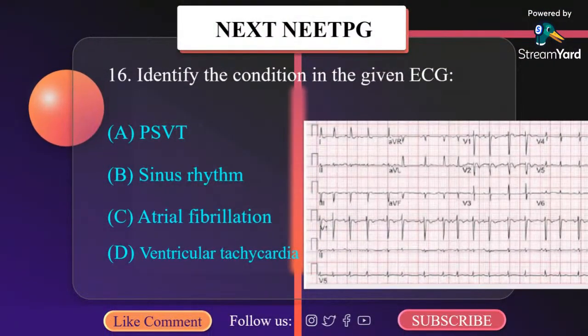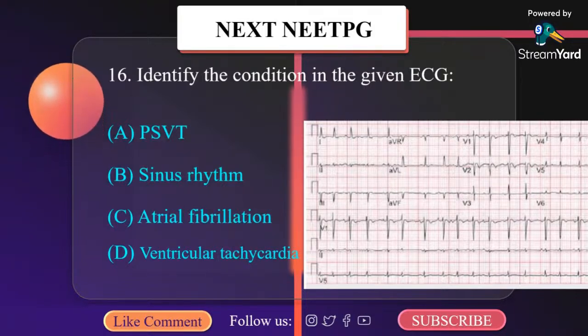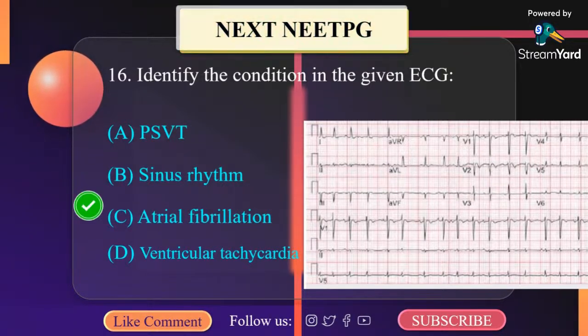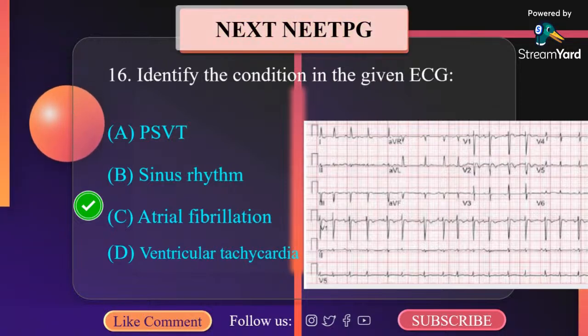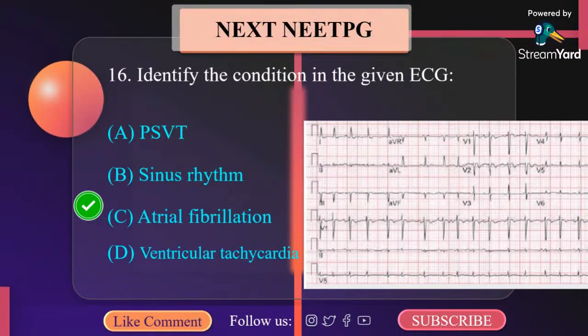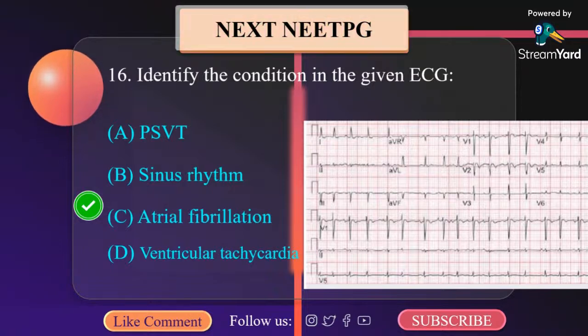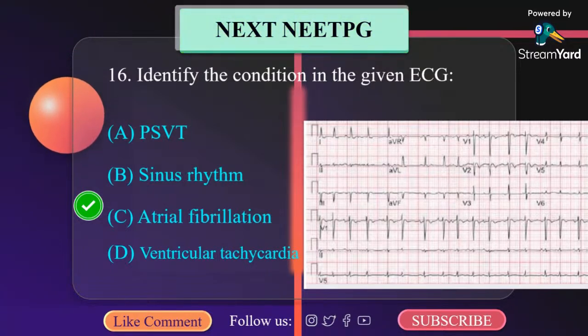Identify the condition given in the ECG. A. PSVT, paroxysmal supraventricular tachycardia. B. Sinus rhythm.